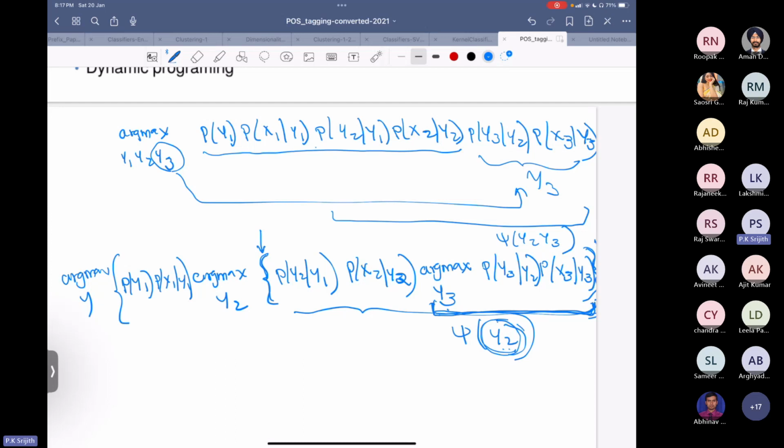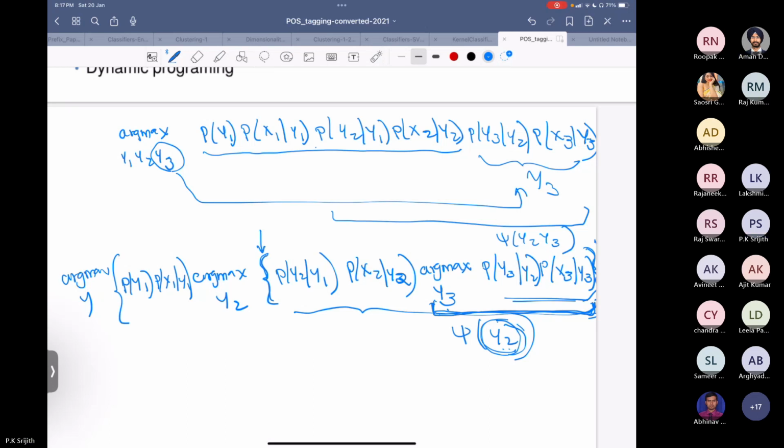I can do it in a sequential manner, where I perform this argmax over y3 first and maintain this table, where for different values of y2, I record what this is going to be. So I have some psi of y2 obtained as a result of performing argmax over these components.